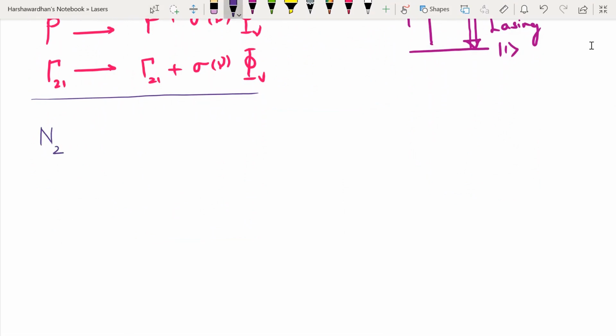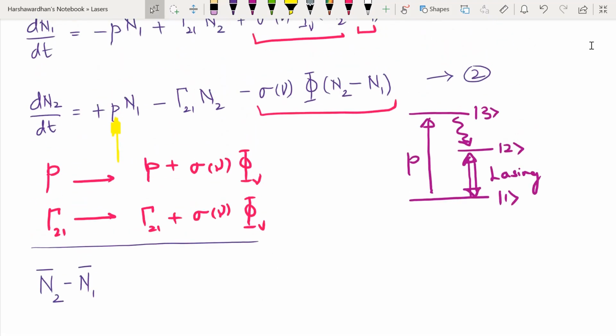So let me write that out. It becomes N2 bar minus N1 bar. Again, my notation is exactly the same. Here, Ni bar stands for steady state population.